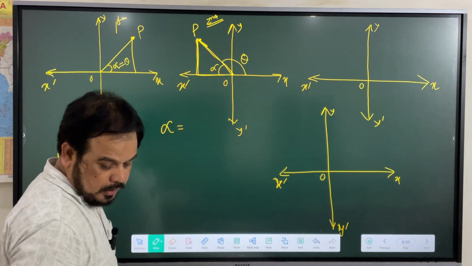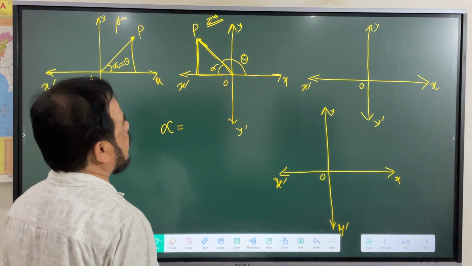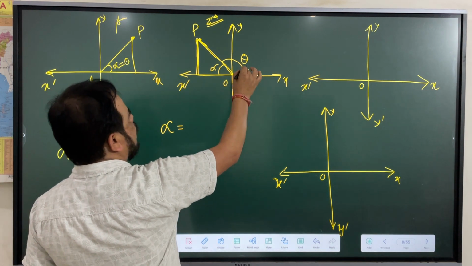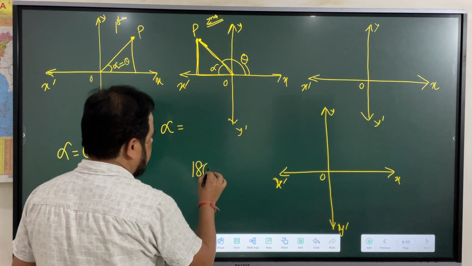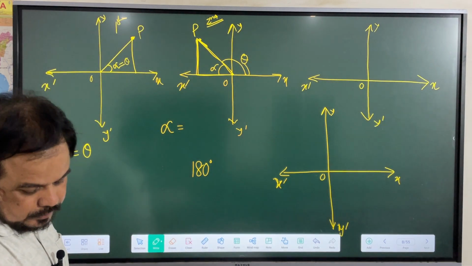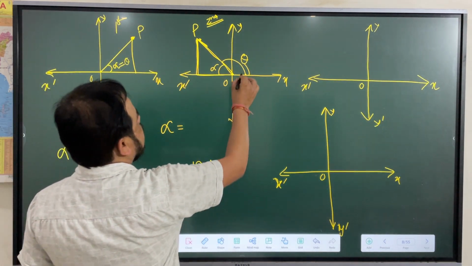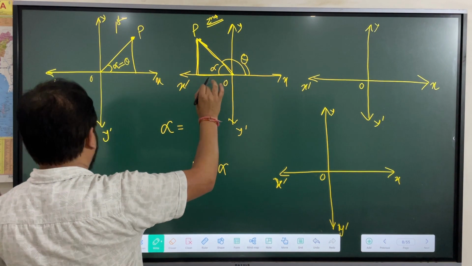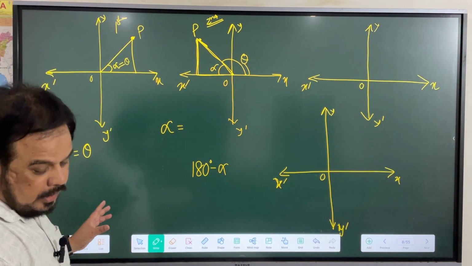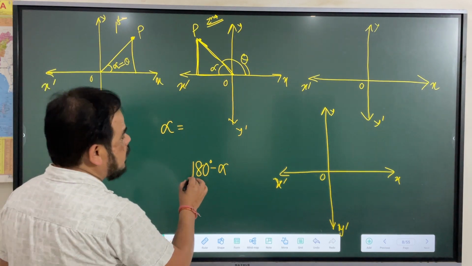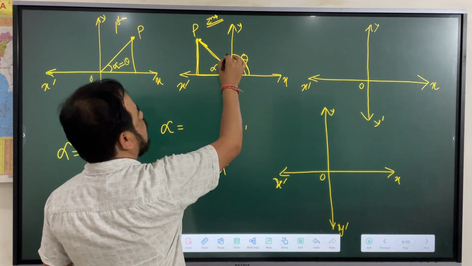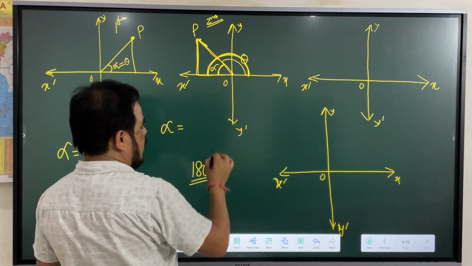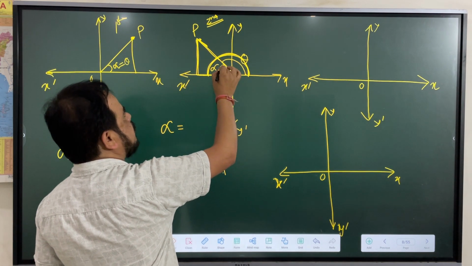Alpha is equal to how much? Look here. Just see very carefully. Here to here how much? 180. Here to here total 180. This is minus alpha. We want to get theta. How much is theta? Look here. Here to here how much? 180. Here to here how much? Alpha. From 180, if you subtract this much, you will get theta.